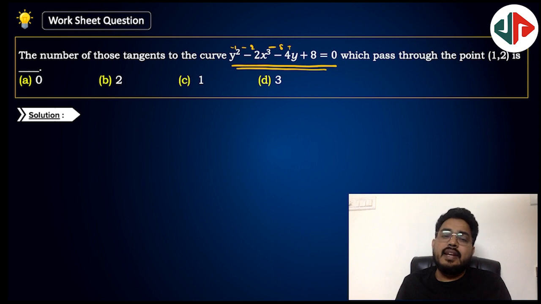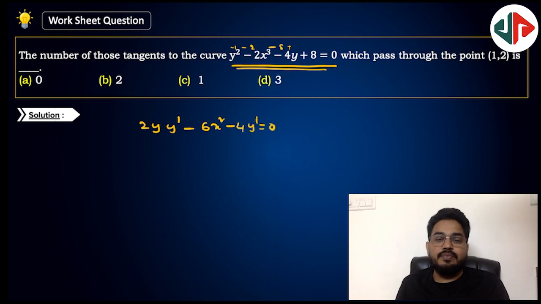So let us write any tangent to this curve. Differentiating: 2y y dash minus 6x square minus 4y dash is equal to 0. So from here, y minus 2 into y dash is equal to 3x square.